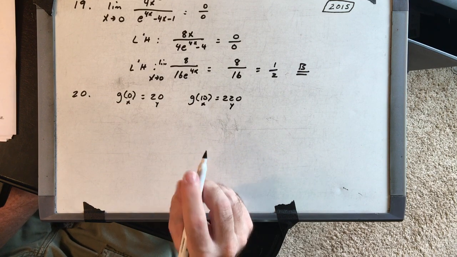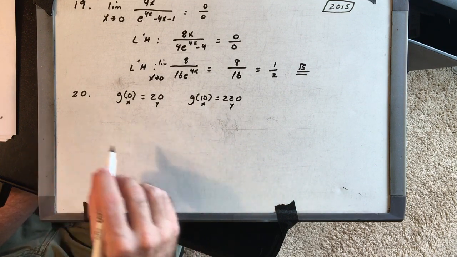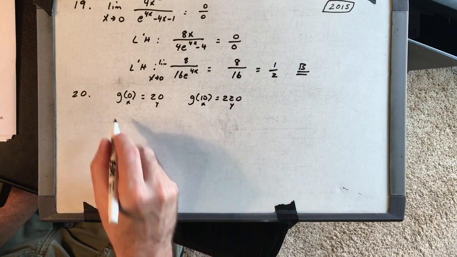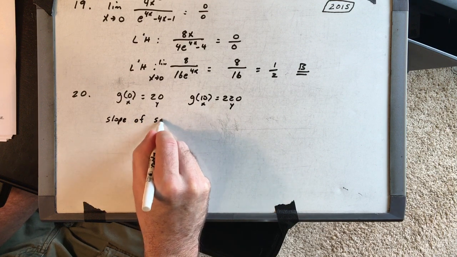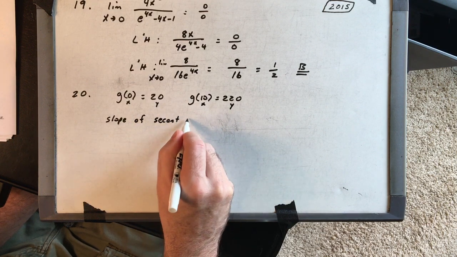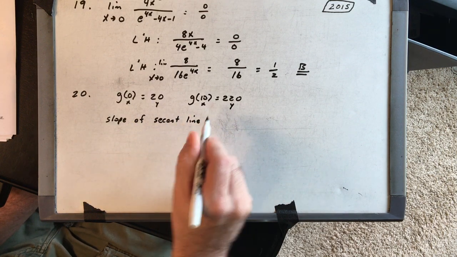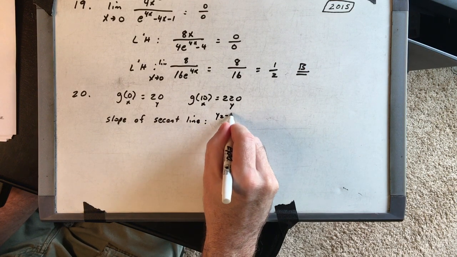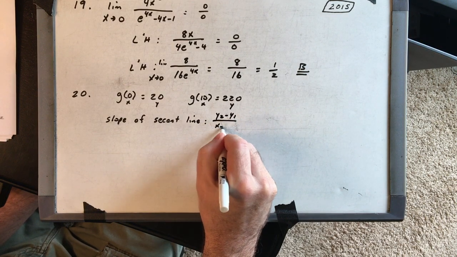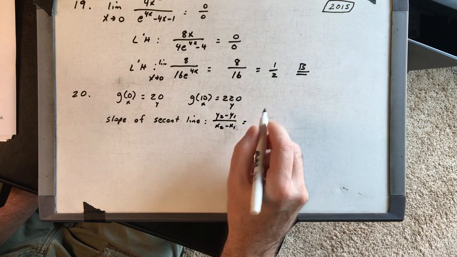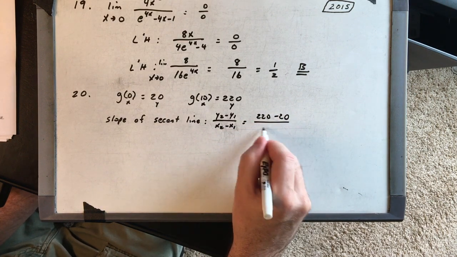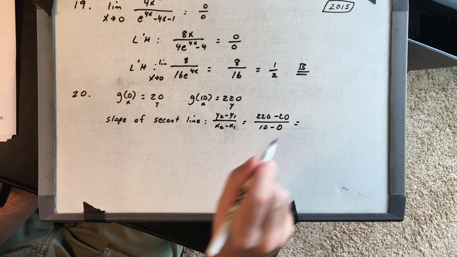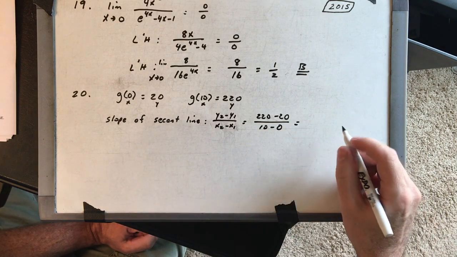Well, what we're going to need to do to answer these questions is get the slope of the secant line, that's just y2 minus y1 over x2 minus x1. So 220 minus 20 over 10 minus 0. 20, that's 200 over 10, which is 20.